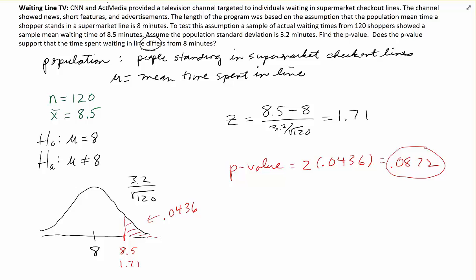So it's really up to the person interpreting the p-value as to what they're going to do. When you look up statistical research, a lot of times people will run tests. They will not state a level of significance. They'll just state the p-values that they obtained from their samples and let you be the judge.